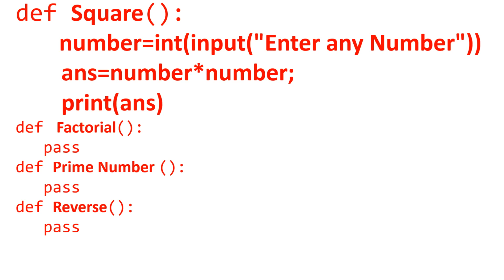Now if you run this program, the compiler will not give an error, because when the compiler reads the pass statement, it will understand that no operation has to be done. So it will do nothing and it will not show any error.